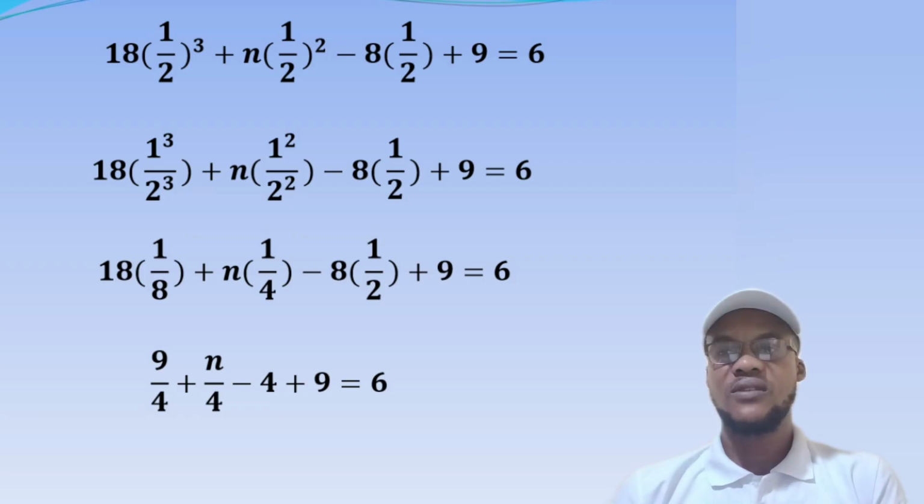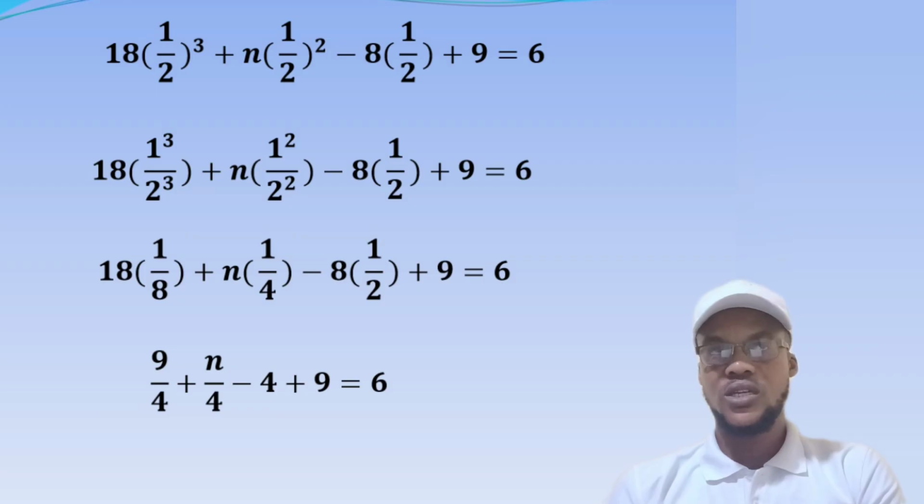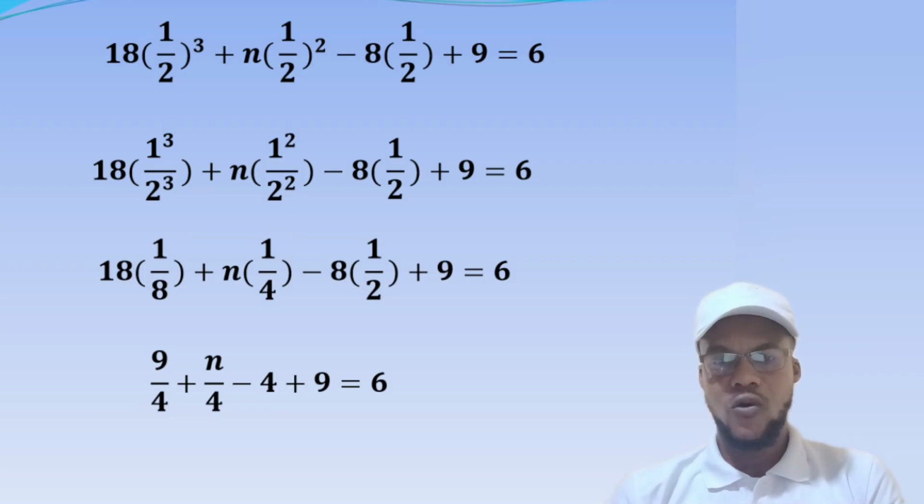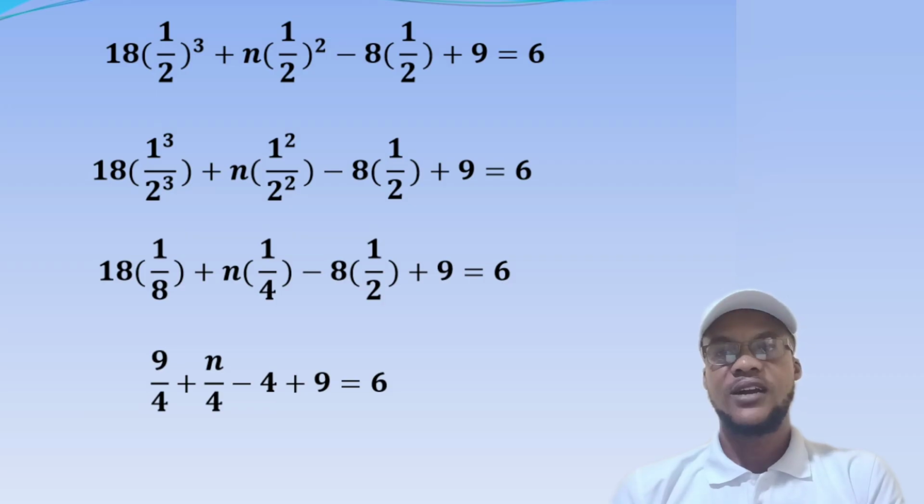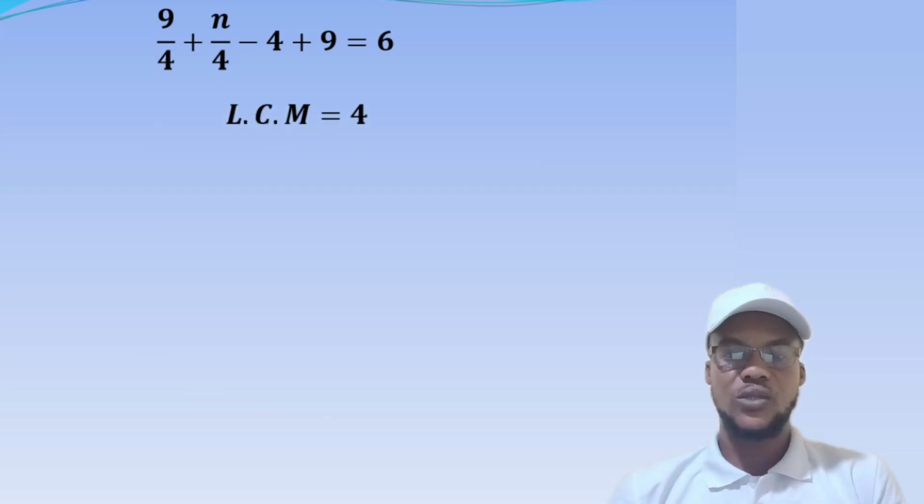So once you have this, what do you do? You have fractions in a linear equation. We've done this in core mathematics: linear equations involving fractions. So what do you do when you see it like this?